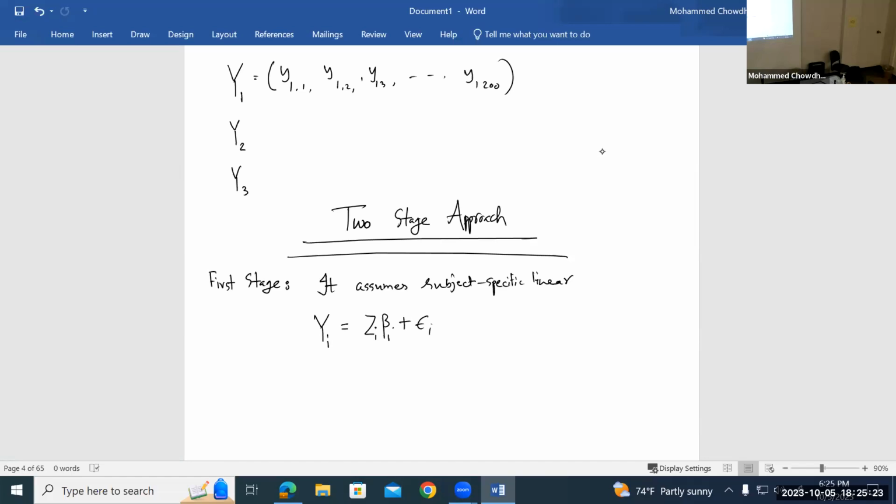So i specifies the cluster. In terms of subject, if the subject is measured multiple times, then i stands for the subject. For example, suppose altogether 30 persons are in this classroom. In the next 20 years, each of us will be measured at least one time.